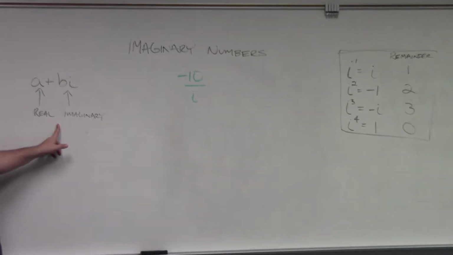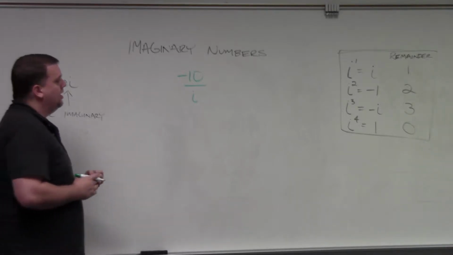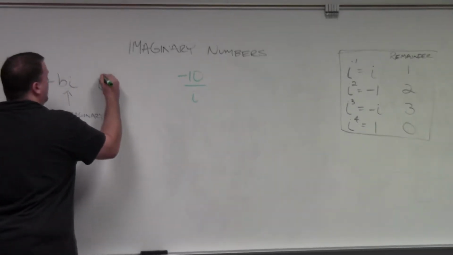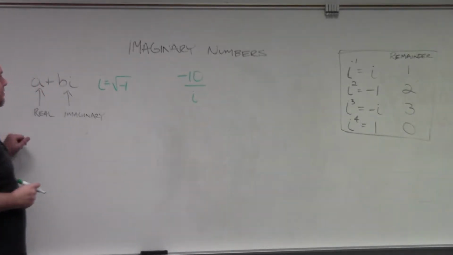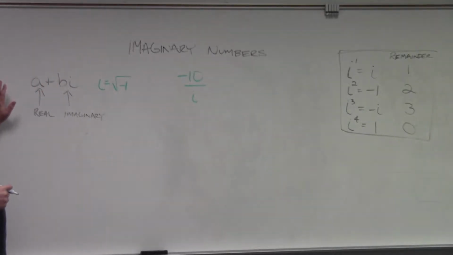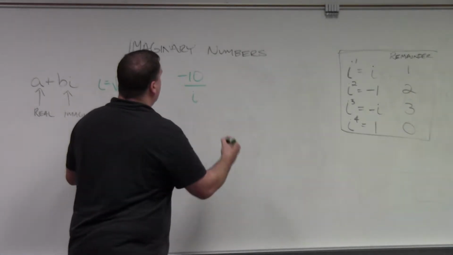We don't have a real part plus an imaginary. Another thing is, remember that i represents the square root of negative 1. We have a radical in the bottom of a fraction. Right? From 0310, we had to get rid of it. We had to rationalize the denominator. So we have to do that again here.